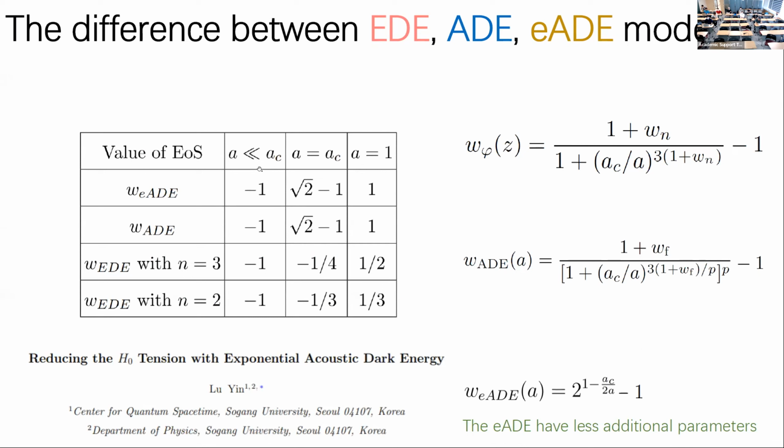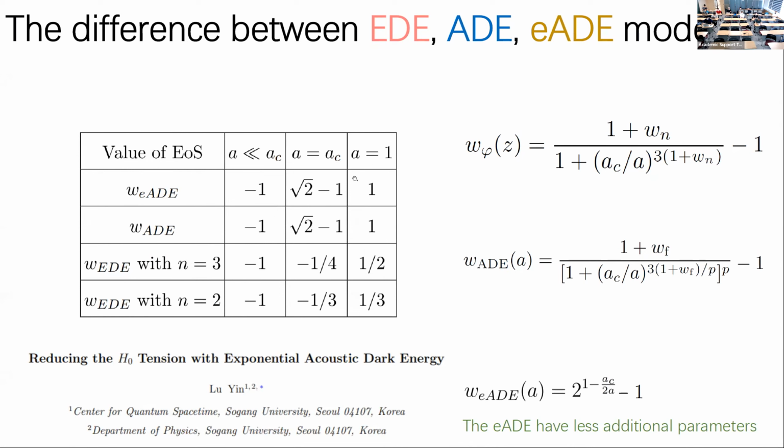In the very early time, all of the 4 models will behave like a dark energy, but with the expansion, at the time of radiation and matter equivalence, they have different behavior.